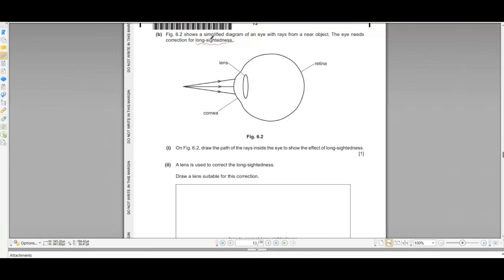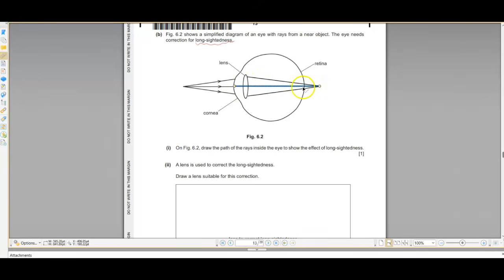So the rays from the object, closer objects, cannot be converged enough to form an image on the retina, and basically they are focused behind the retina somewhere. So if this is the eye of a person who has the problem of long-sightedness, who needs correction for this, what is going to happen is that the rays are going to converge behind the retina somewhere.